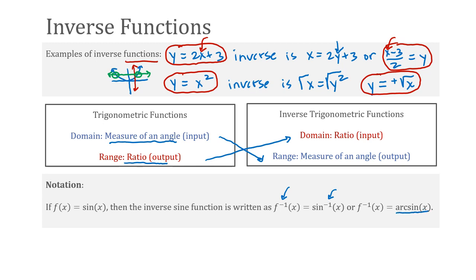They mean the same thing. And the caution is that that -1 that's up in f inverse or sine inverse does not mean 1 over the sine of x. The -1 in this case means inverse, so be careful about that.